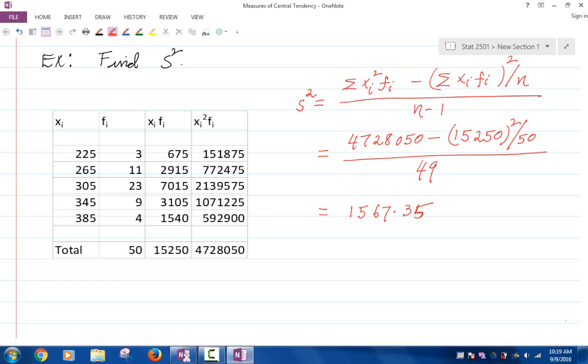Now, if I wanted to, I could have made another column with the squares of all the observations, and then multiplied that column with the frequency. If you know how to use Excel, it might be useful to do that.